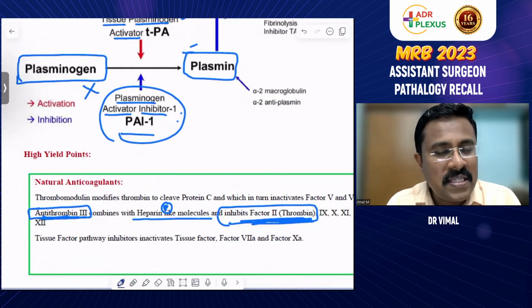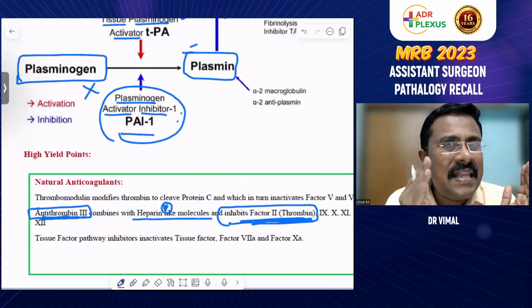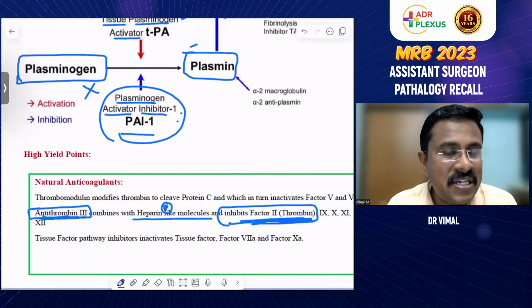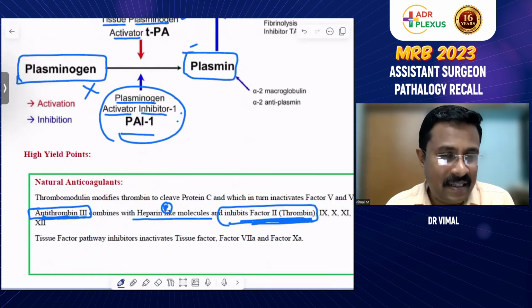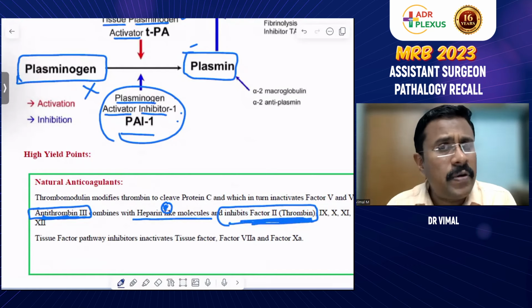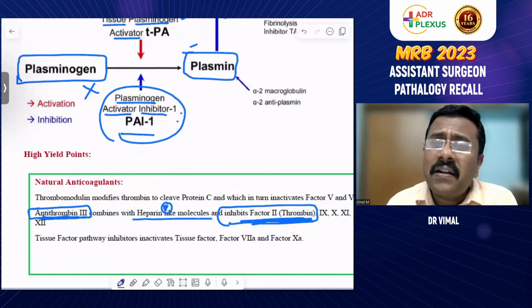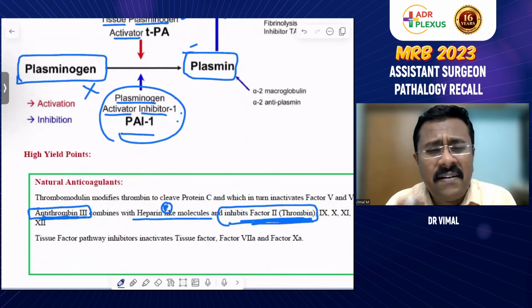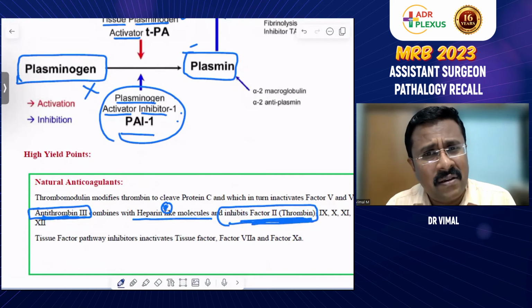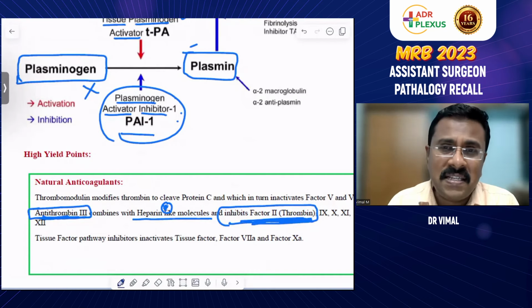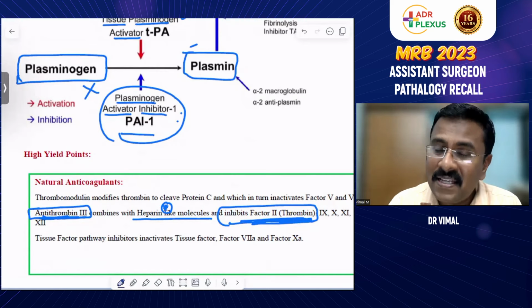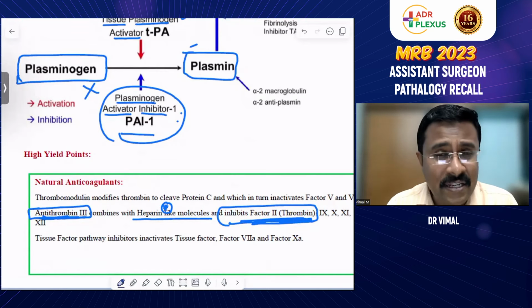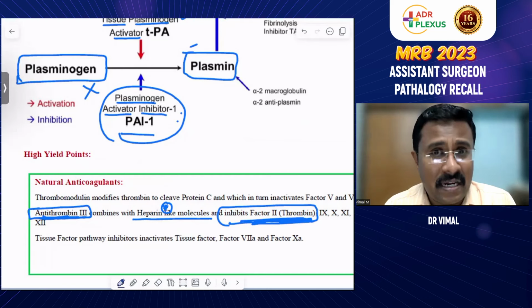So what is protein C? Protein C degrades factor 5 and factor 8. Remember this discussion, guys? So what will happen if protein C is deficient? Factor 5 will not be degraded, factor 8 will not be degraded. So the level of these clotting factors increases, and it will naturally lead to hypercoagulability.